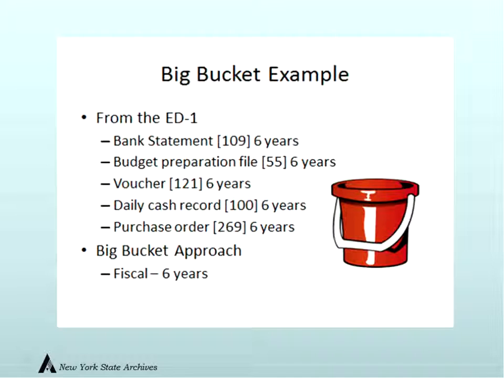So in this example, it's at the functional level for fiscal records. And the items listed are from the ED1, that's the State Archives Retention and Disposition Schedule for schools. The bracketed numbers relate to the item numbers in the ED1.